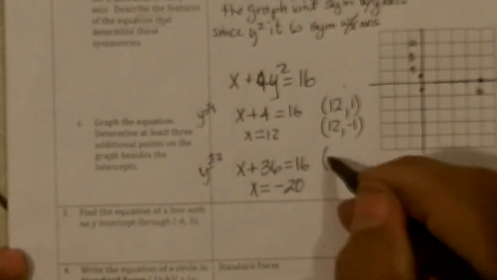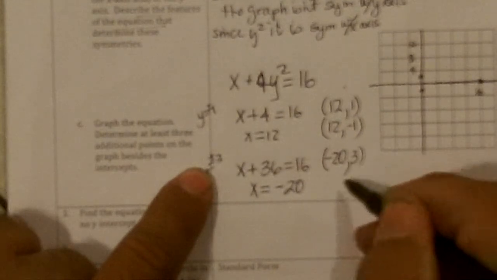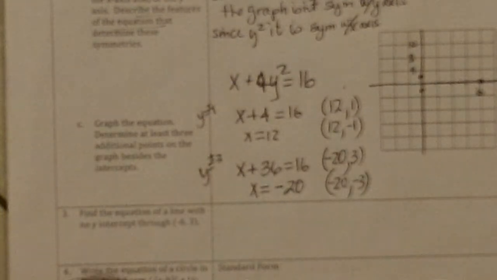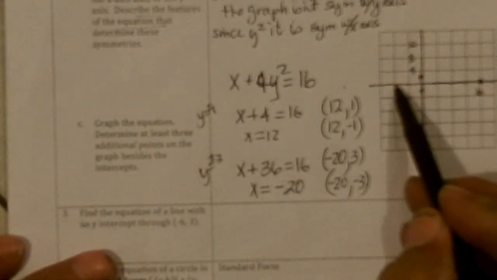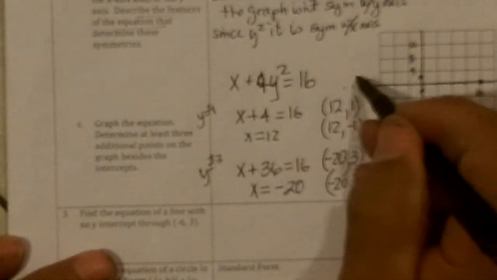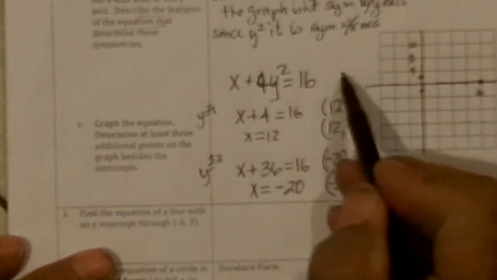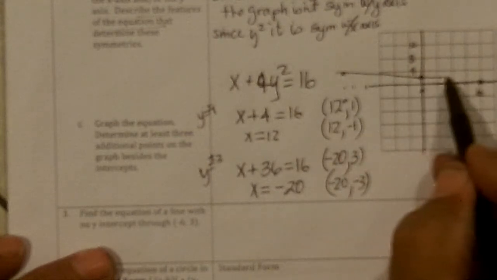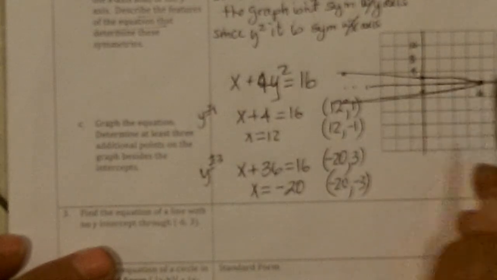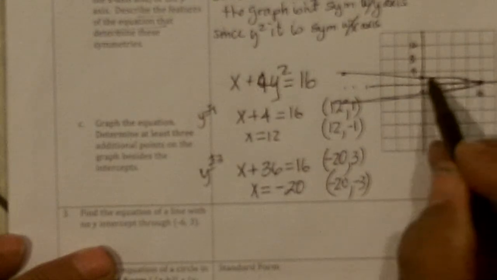So I have negative 20 whether y is 3 or negative 3. So minus 4, 8, 12, 16, 20, it's up at 3 and down at 3, and the graph looks like that. Oh, I didn't put on the 12, 1, and minus 1.